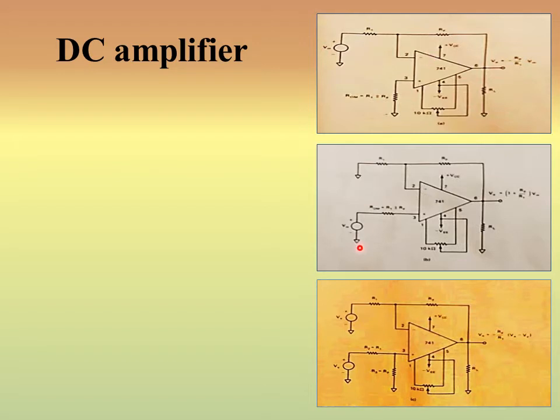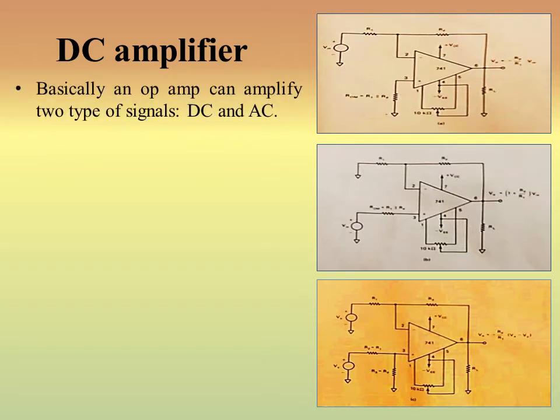In the second figure the input is connected at the non-inverting end, and in the third figure two signals are applied both at inverting and non-inverting end. So basically DC amplifier can be obtained in inverting configuration, non-inverting configuration and differential configuration.